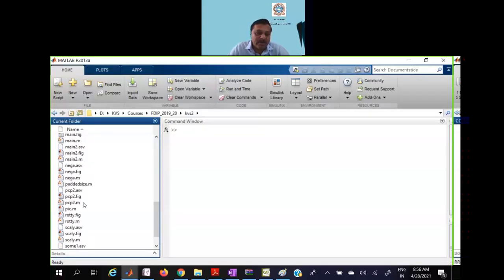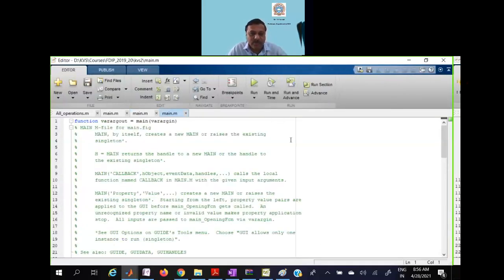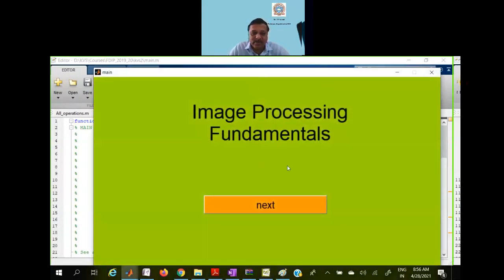Why I want to show this to you is because whenever you are doing some MATLAB implementations, if you also use some nice graphical user interface and present it, it would be good. And in fact, I have been using this to teach the course every time.